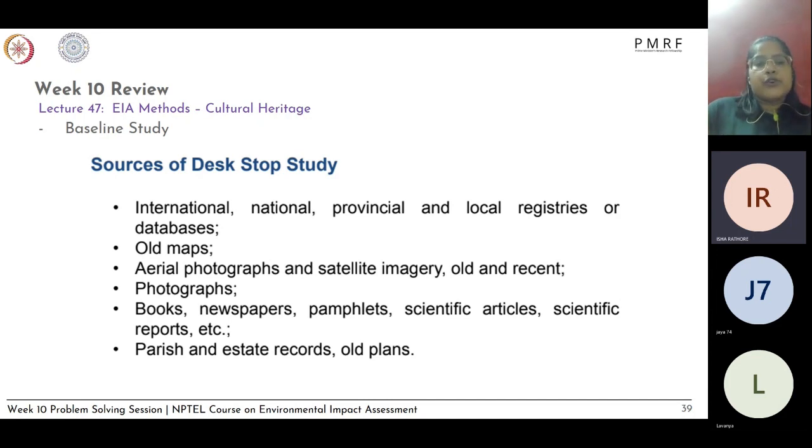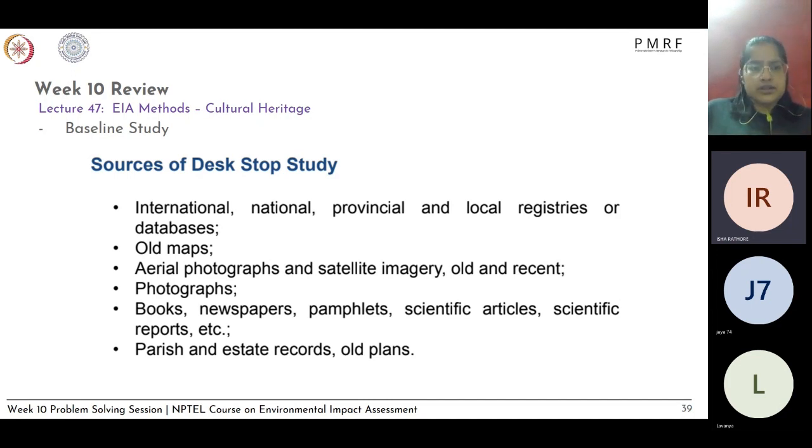And photographs, old photographs, books, newspapers, pamphlets, scientific articles, reports, which were in the past or which are in the present. You can look up those. You can look up estate records, old plans. So all of these are sources of desktop study, but you need to search for these sources and know the right reference of where you will find them.